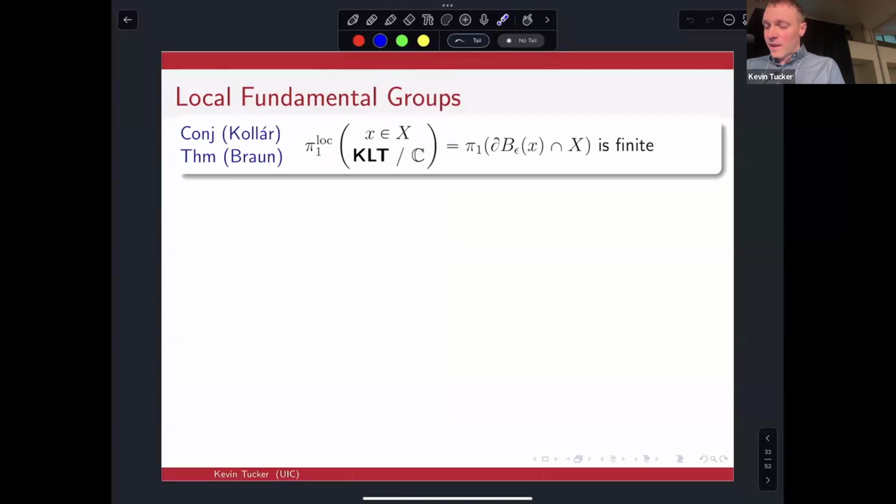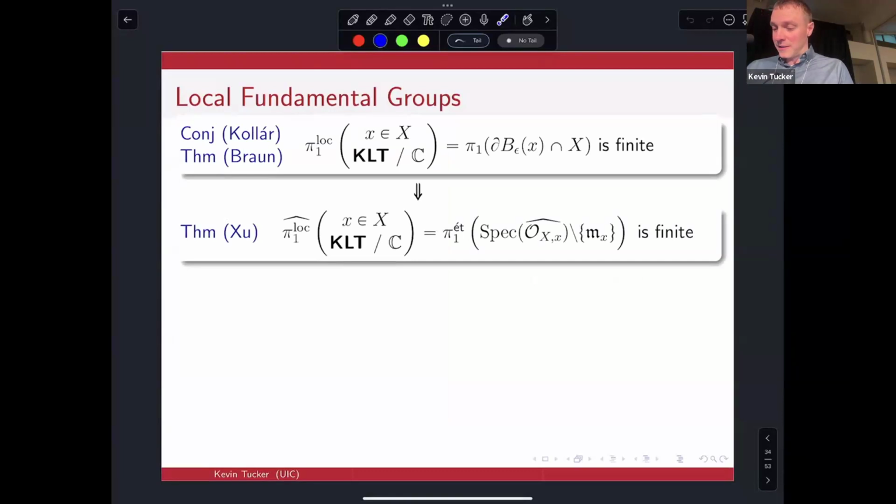It was first conjectured by Kollár and then later shown, in the last 10 years, by Braun, that if you take a KLT singularity over the complex numbers, then the local fundamental group is finite. Prior to Braun's theorem, something a little bit weaker was shown by Chenyang Xu, namely that the profinite completion of this local fundamental group for a KLT singularity is finite.